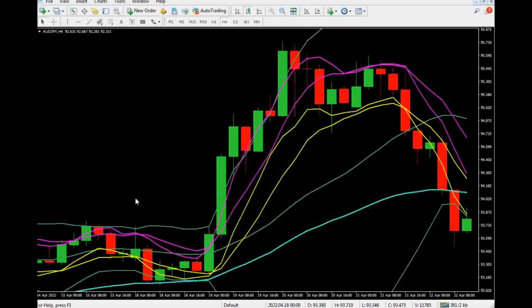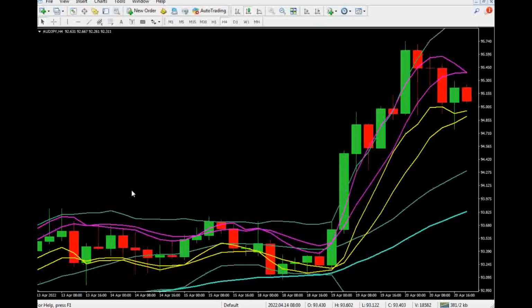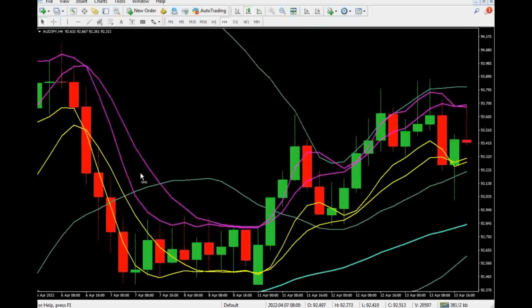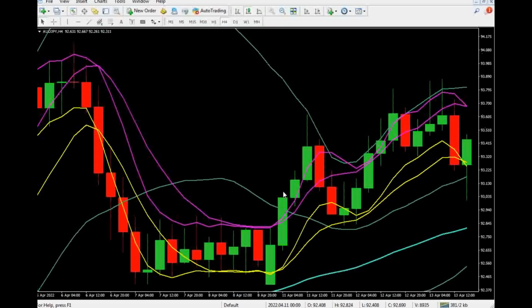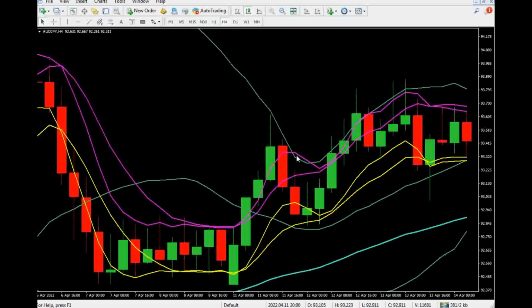Okay, we are looking for another example. In here, the MA is out of the Bollinger Band.